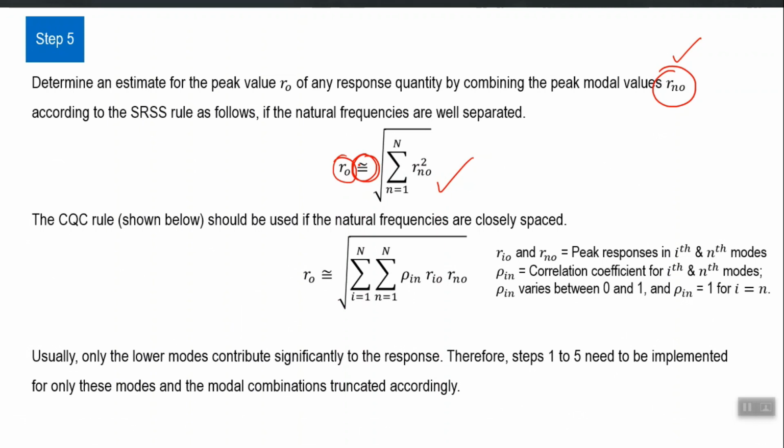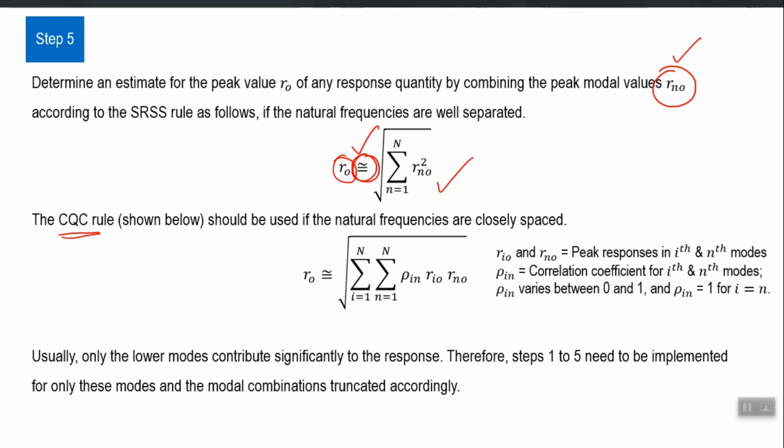So, therefore, we approximately combine them to get the peak response, right, and again that approximate response will always be positive, right.